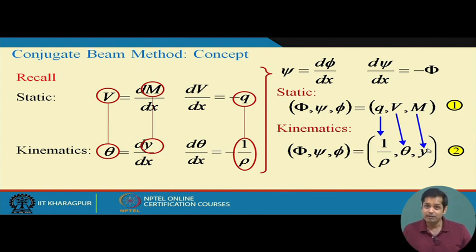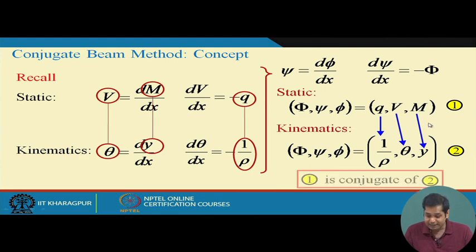I repeat once again: if the intensity of the load in system 1 is replaced by the curvature of system 2, then the shear force of system 1 gives me the slope of system 2, and the bending moment of system 1 will give us the deflection of system 2.